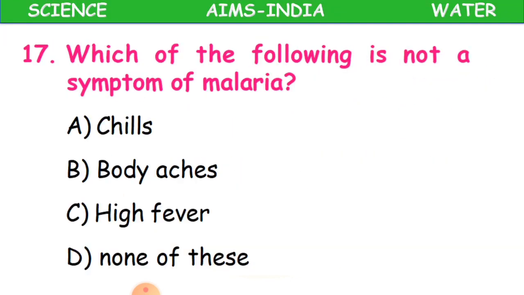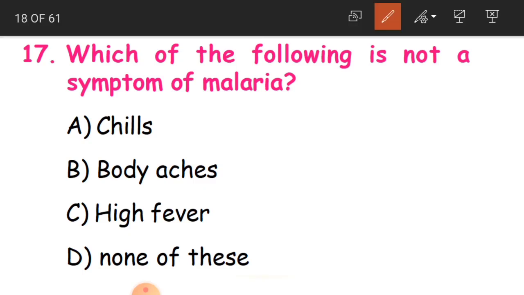Clear children? Now 17th question. Which of the following is not a symptom of malaria? Chills, body aches, high fever and none of these. When you have malaria, you have chills, you have body aches.